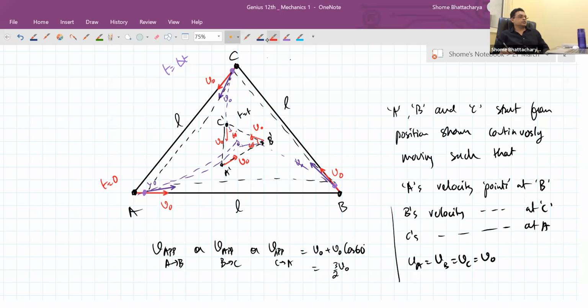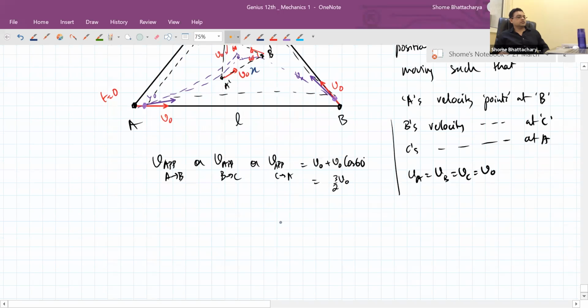Okay. So if the instantaneous distance between them is x, then minus dx by dt is equal to 3 by 2 V naught. The triangle formed by them is of dimension x by x by x at some time t, so that dimension is decreasing at this uniform rate.